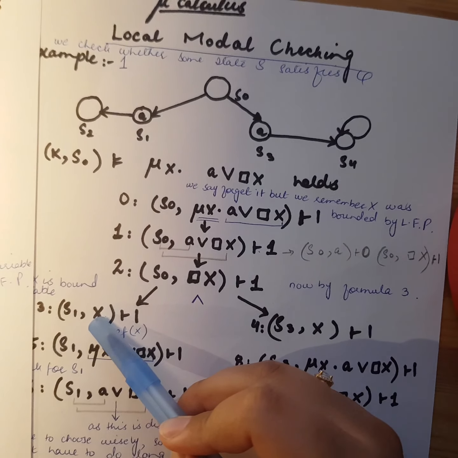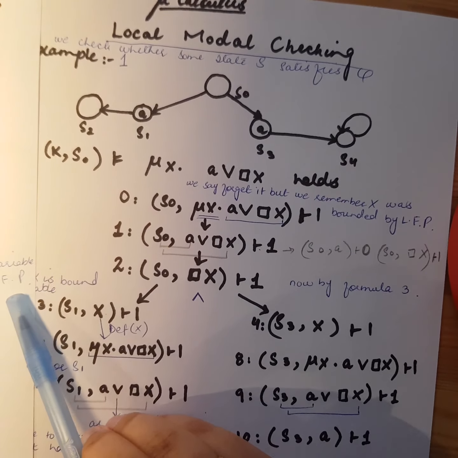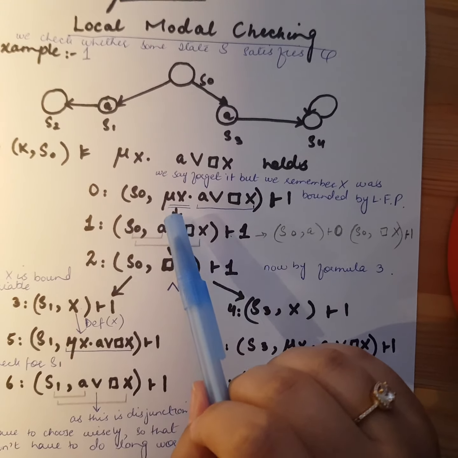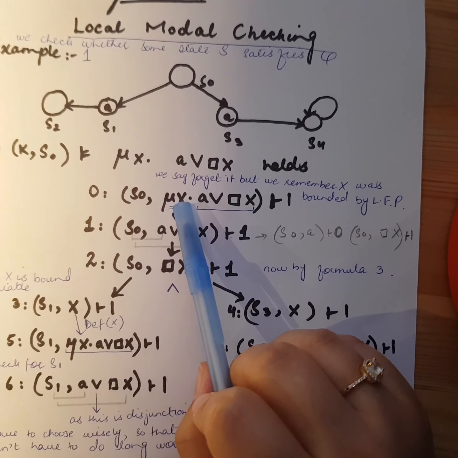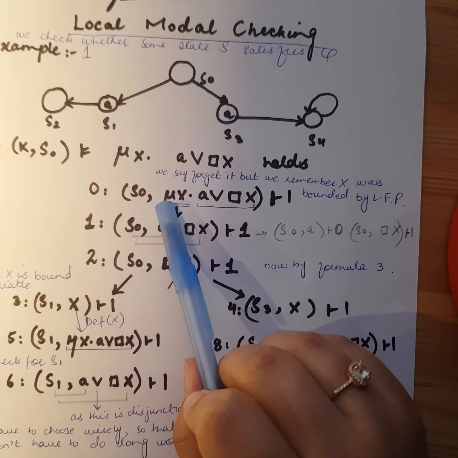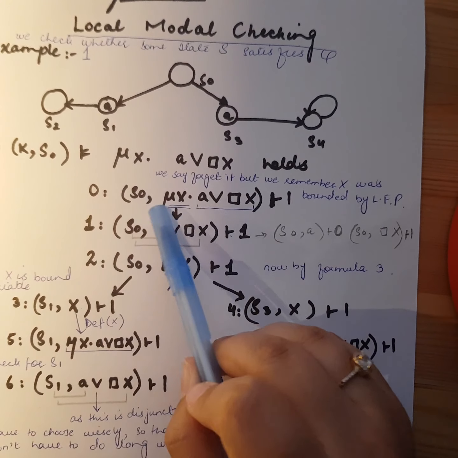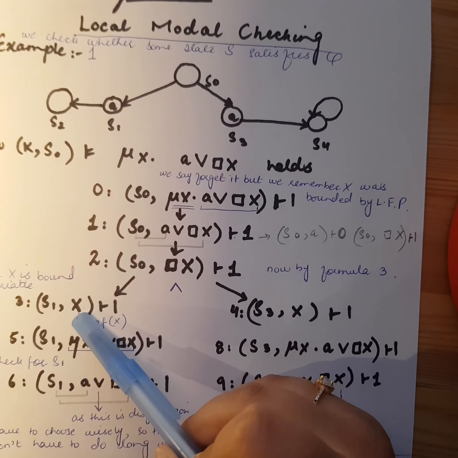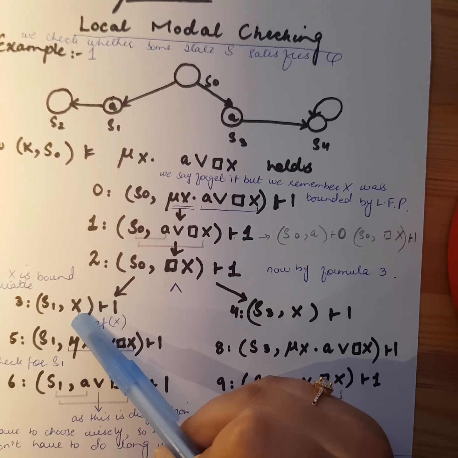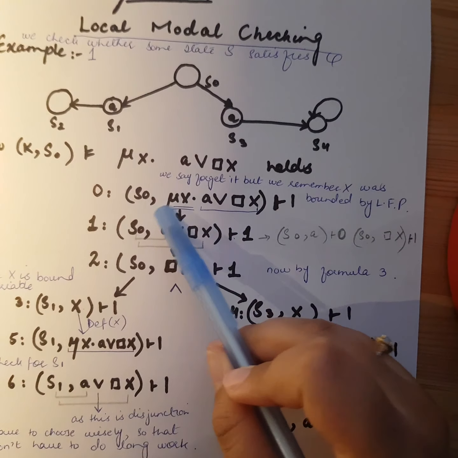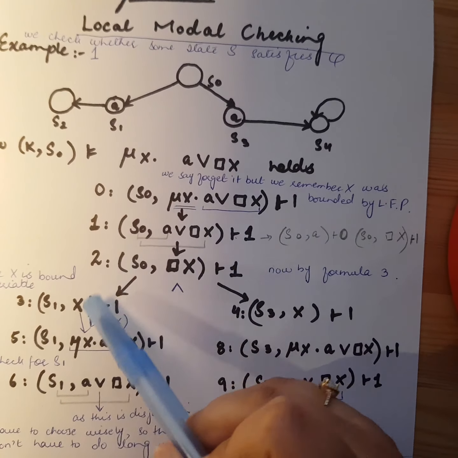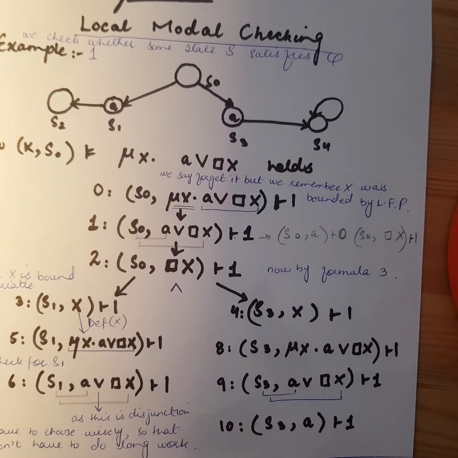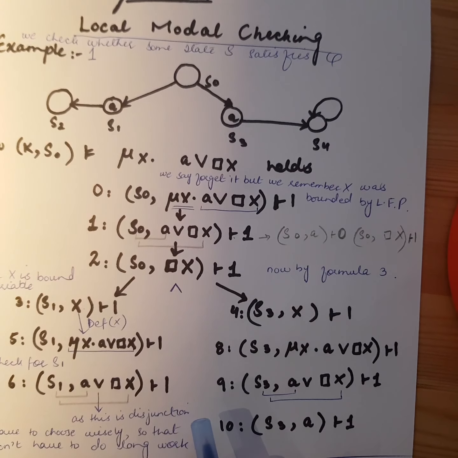But if x is a variable bounded by a fixed point, then we are supposed to replace that x with its formula. So in here x is not in the label. X is a least fixed point bounded variable, so we have to replace x by the whole formula. I hope I'm clear. It's a little bit difficult, but I hope it's clear.